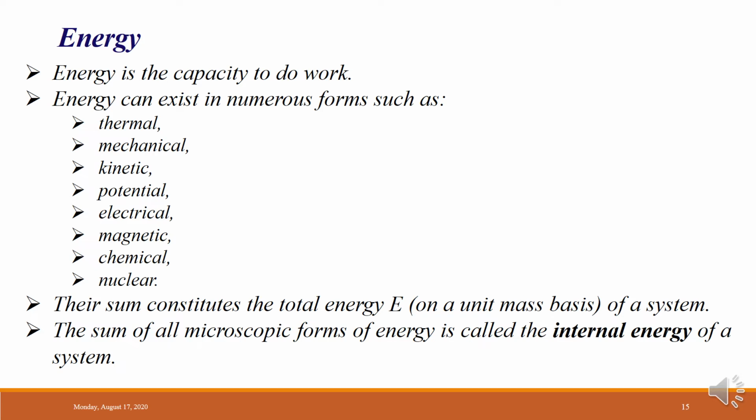Okay, so in this case energy can exist in numerous forms, many forms what we have studied or you have discussed. So first you can say thermal energy, then mechanical energy. Mechanical energy is a top quality energy what we are considering. Kinetic energy, potential energy, then electrical energy, magnetic energy, chemical energy, nuclear energy, all these what we have studied.